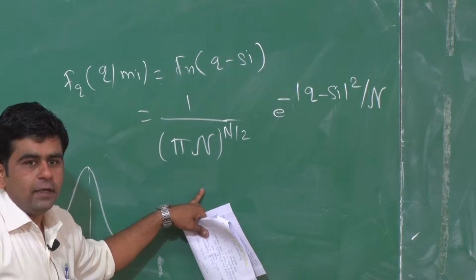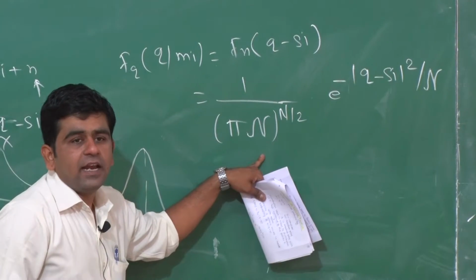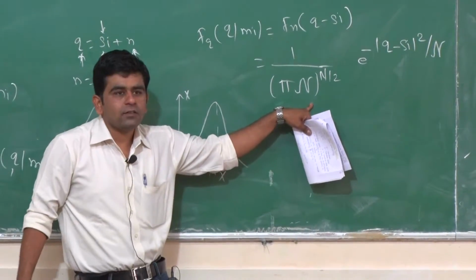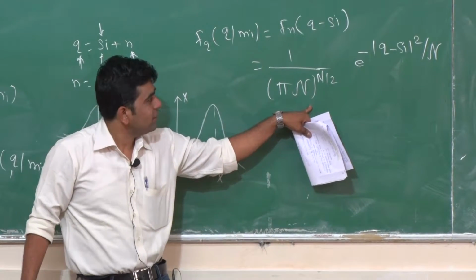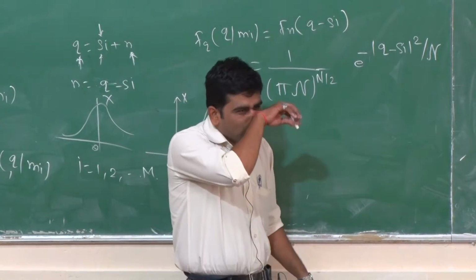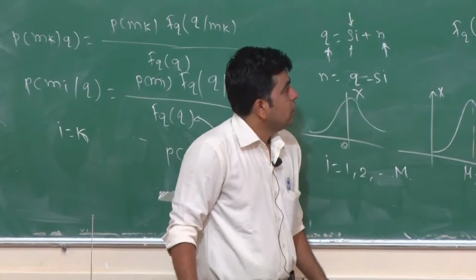This is the probability density for white noise, with italic N the power spectral density of your noise, raised to capital N by 2 into e raised to minus q minus si square divided by eta.